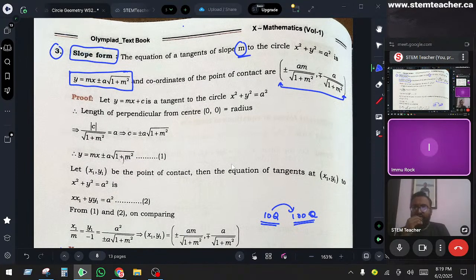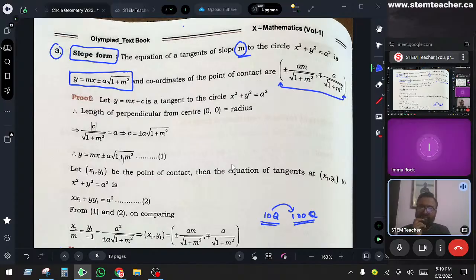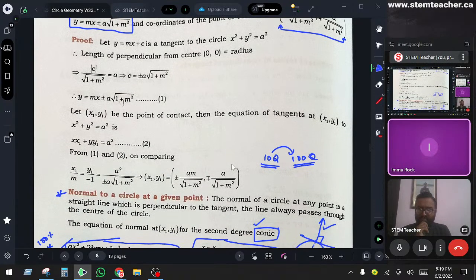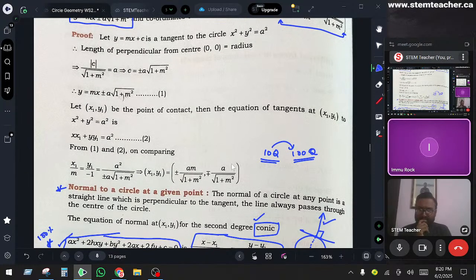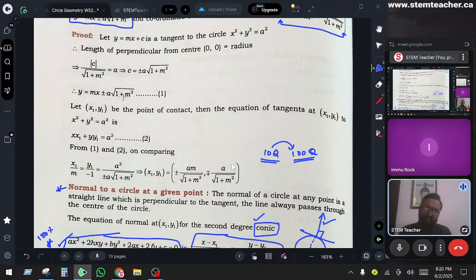It is perpendicular. Okay, y equals to mx plus c. Let y equals to mx plus c. M has been given. This is circle. Then the perpendicular radius is so and so. Okay, we have to use this formula only. One is with plus, one is with minus.